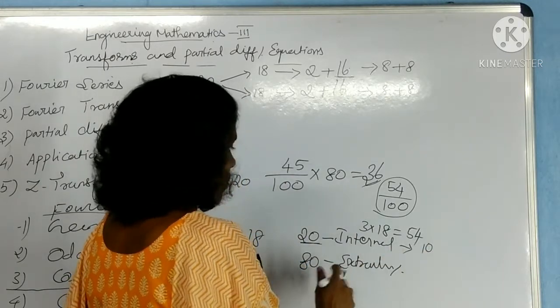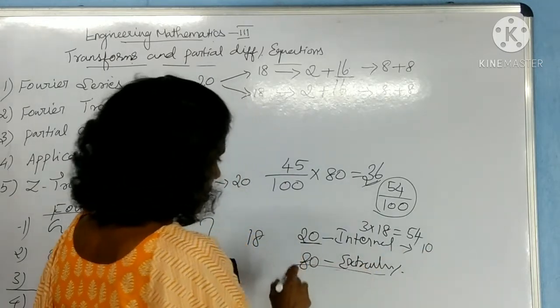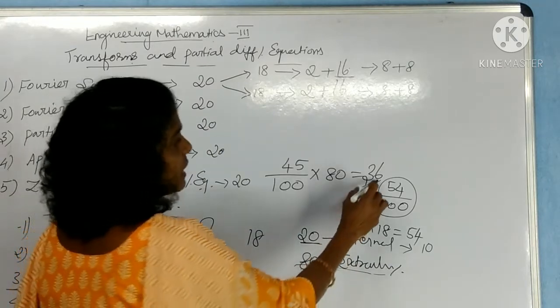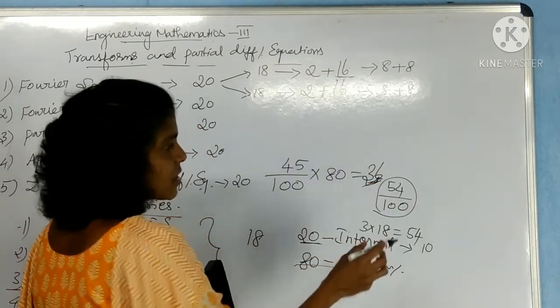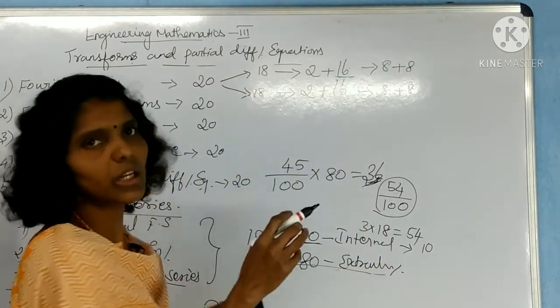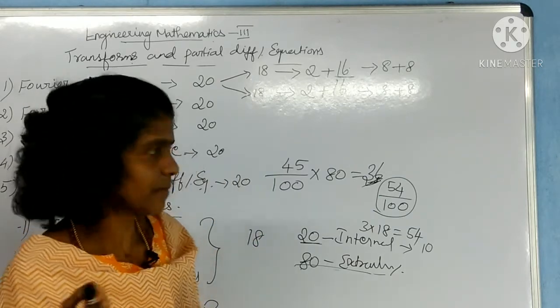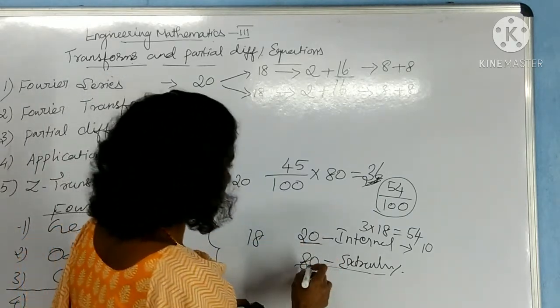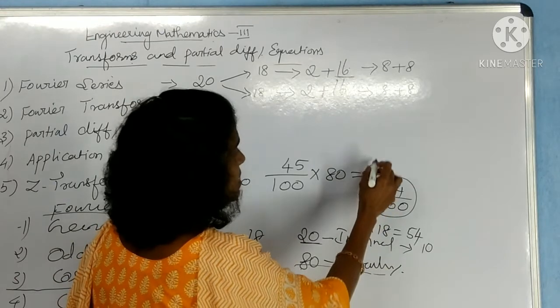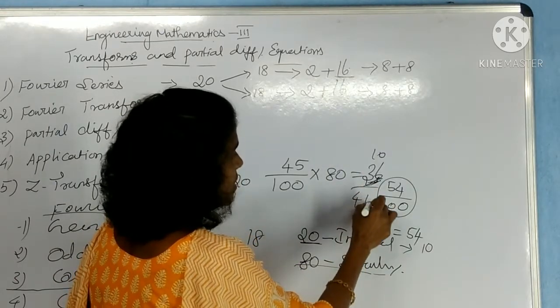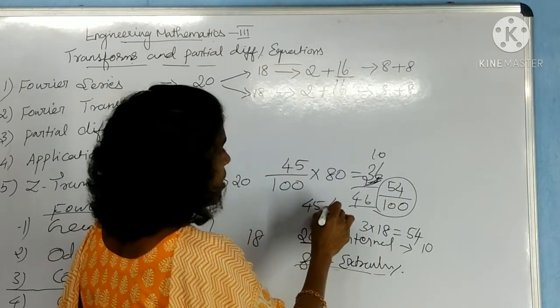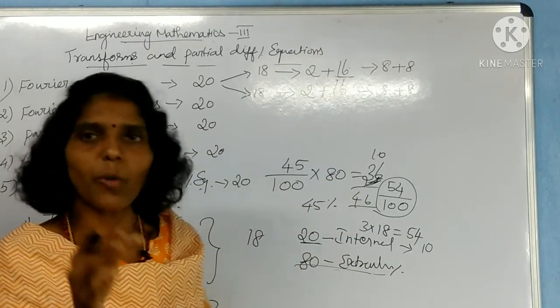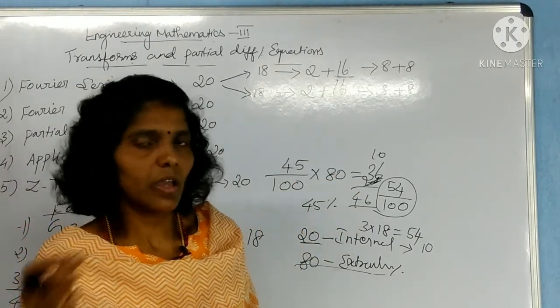So in your external examination, if you get 36 marks or more, you will definitely get the pass mark. So that is 10 marks, 36 plus 10 is equal to 46. That is, 45 marks is the pass mark in your engineering papers.